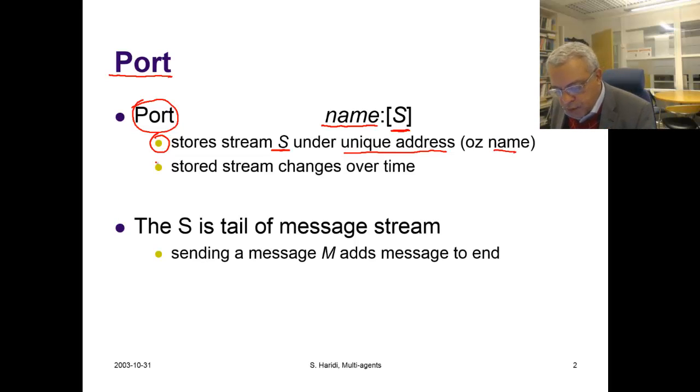And the stored stream will change over time. How will it change? By sending messages to that port. S will always be the tail of a message stream, and sending a message M will add to the end of the stream, as we will see.